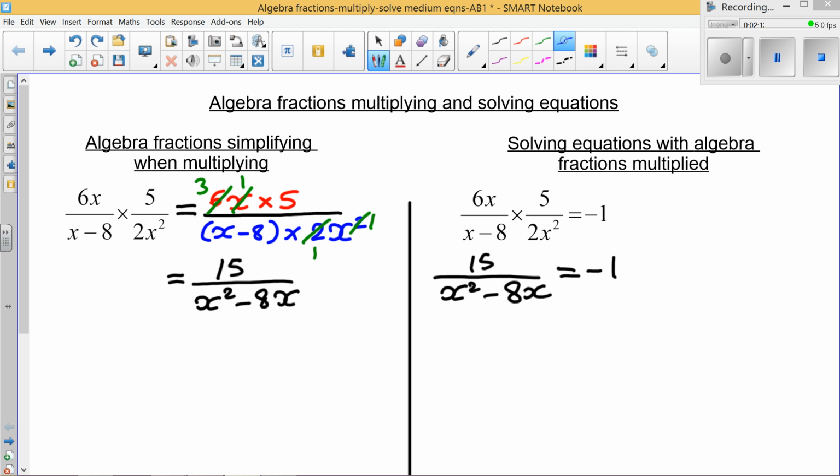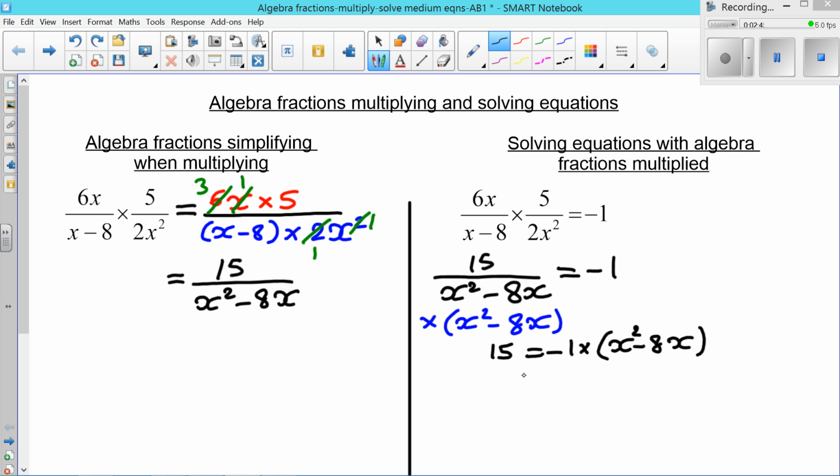Just like with number fractions, to get rid of a denominator, I multiply both sides of the equation by that denominator. So if I multiply both sides of the equation by x squared minus 8x, on the left hand side I end up with just 15, and on the right hand side I will have minus 1 times the x squared minus 8x.